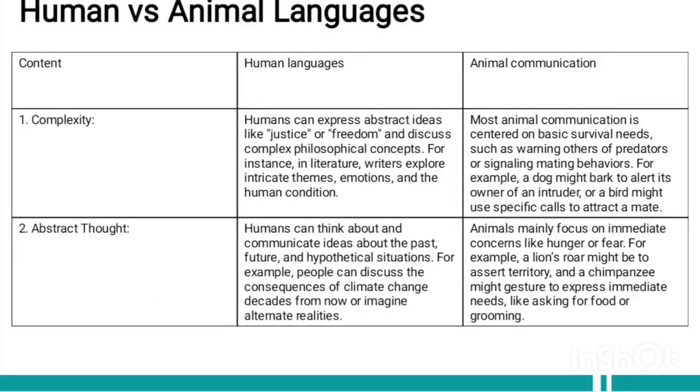Let's see the next concept, human versus animal languages. First one, complexity. Humans have an exceptional ability to express abstract and complex ideas such as justice, freedom, or even philosophical topics like the meaning of life.